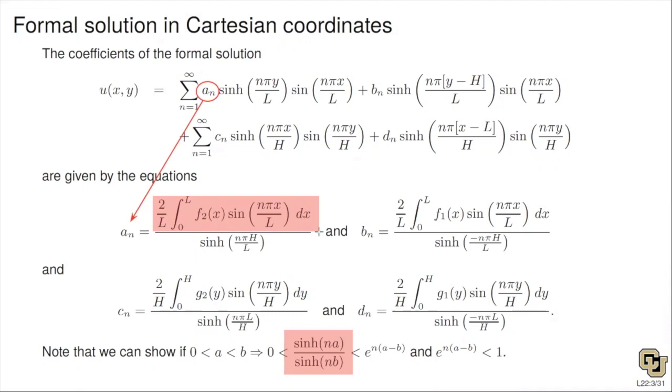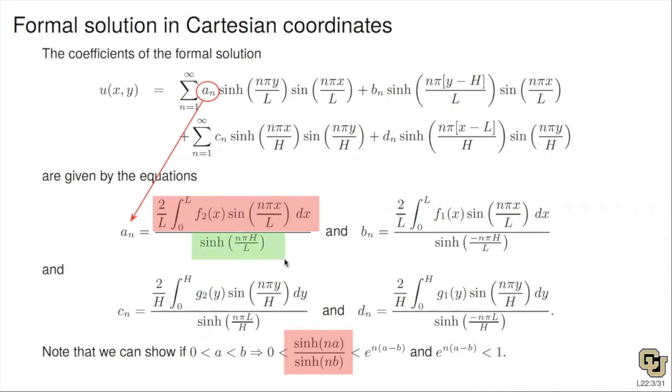And we know that numerator coefficient term is well behaved as long as f2 of x is piecewise smooth. The part that's extra is down here. We're dividing by this sinh n pi h over L.